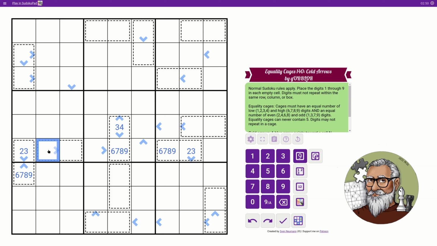But can this be 4? Because if it's not 4, then this would become a high digit. But 4 would get us here. And then this would have to be 1. That doesn't work. Nice, nice. The interactions between those and this is not. So this isn't 1, this isn't 4. Right, this is 1 or 4 then, and this is 6, 7, 8, or 9. Okay.